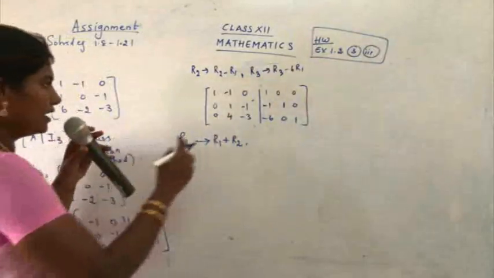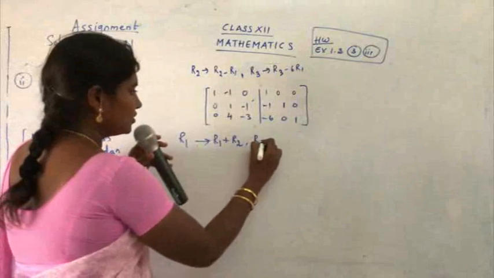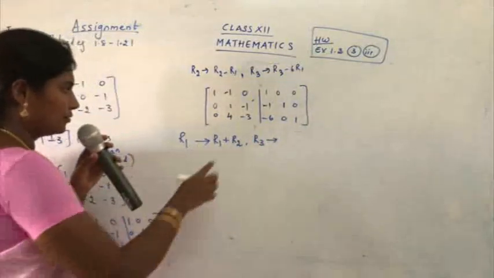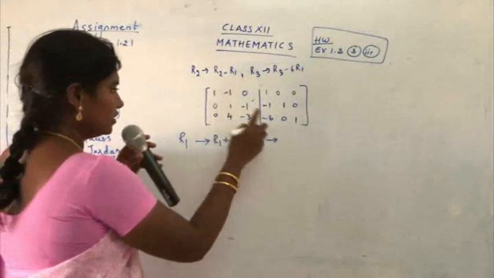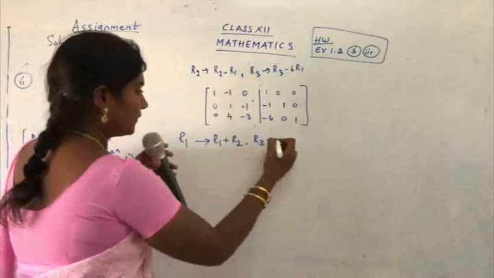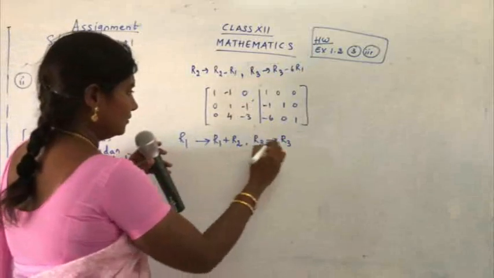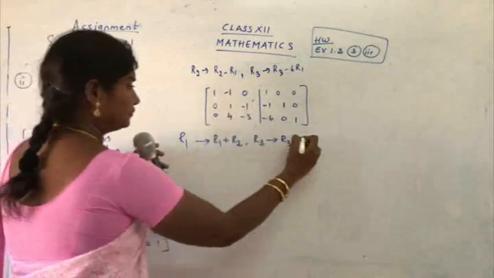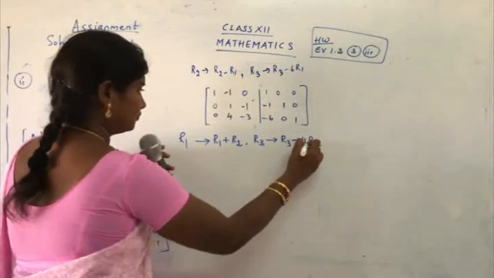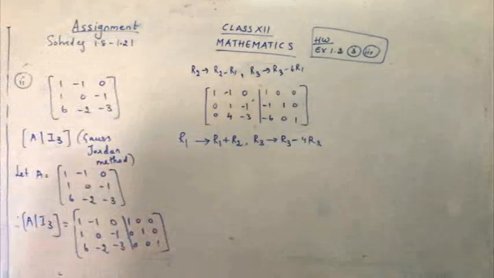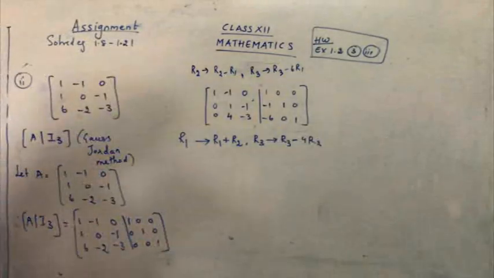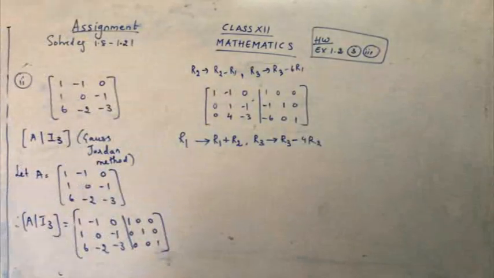So there is a change in R3. R3 changes to R3 minus 4R2.